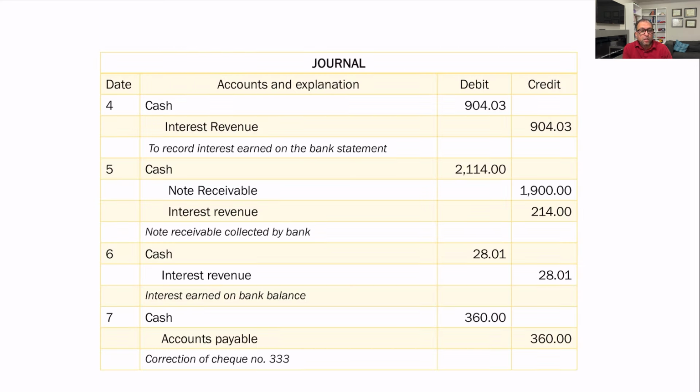Here is an example: debit cash and credit interest revenue; debit cash, credit notes receivable and interest revenue; debit cash and accounts receivable. These are all the same entries. Out of 2,114, 1,900 is notes receivable and 214 is the interest. This is the interest revenue deposited in the bank.